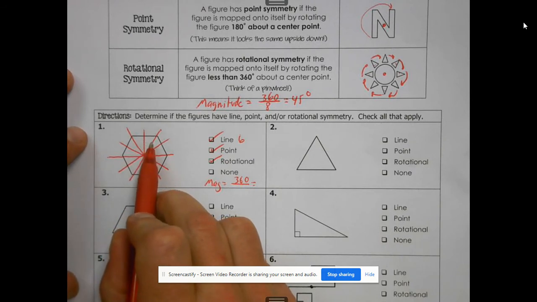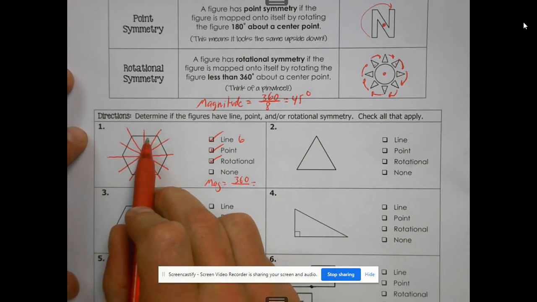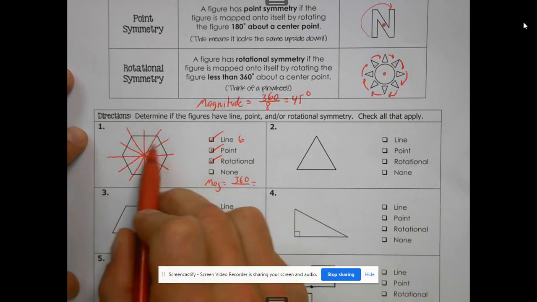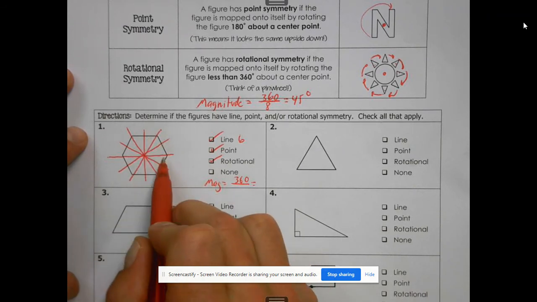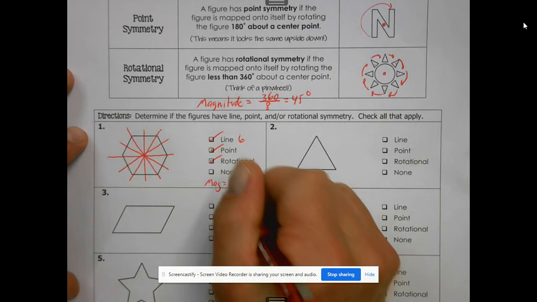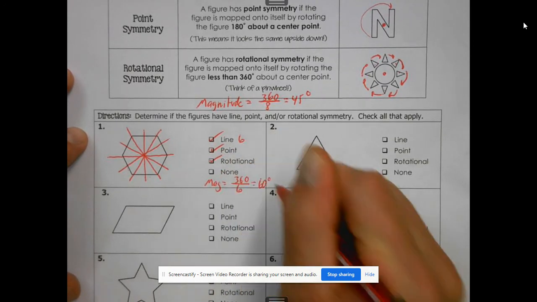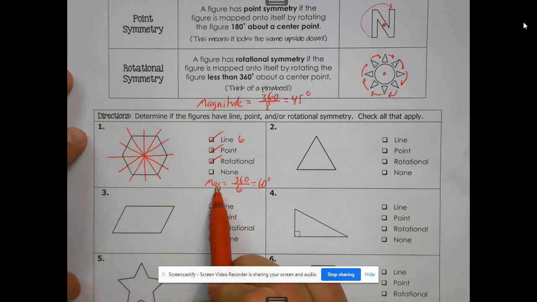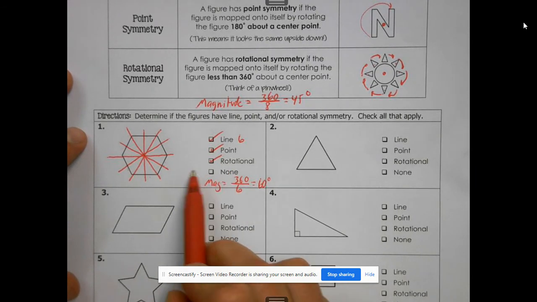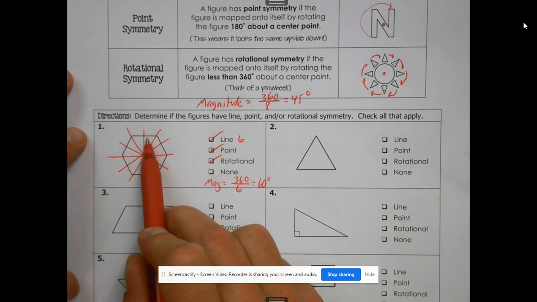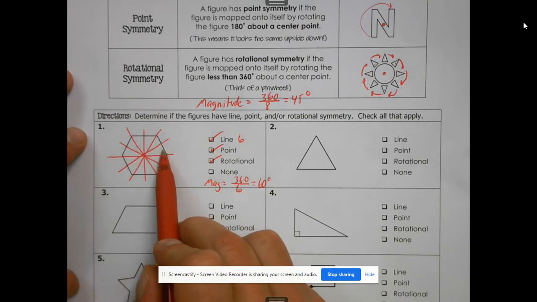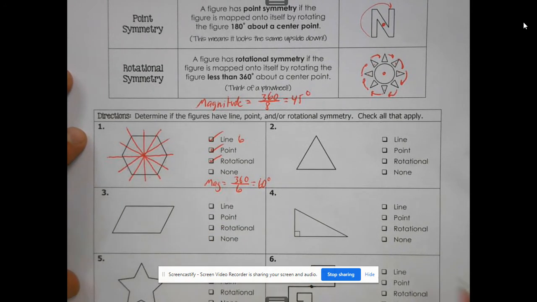I can rotate this hexagon 1, 2, 3, 4, 5, 6 times. 360 divided by 6 is 60 degrees. So the magnitude for this rotational symmetry is 60 degrees. I can rotate this figure 6 times at 60 degrees before I get it back to the original.